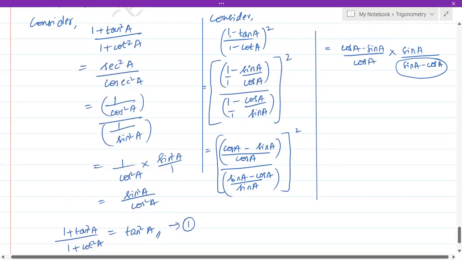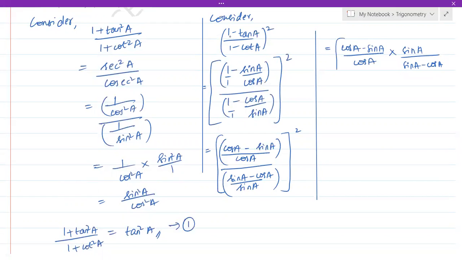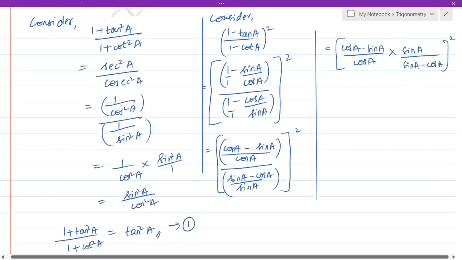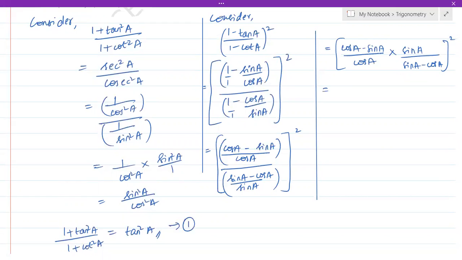So what we can do is, we'll take minus common, and remember there is a square outside. Let me take minus common in the numerator itself. If I take minus common here, it becomes minus cos a plus sin a, isn't it?